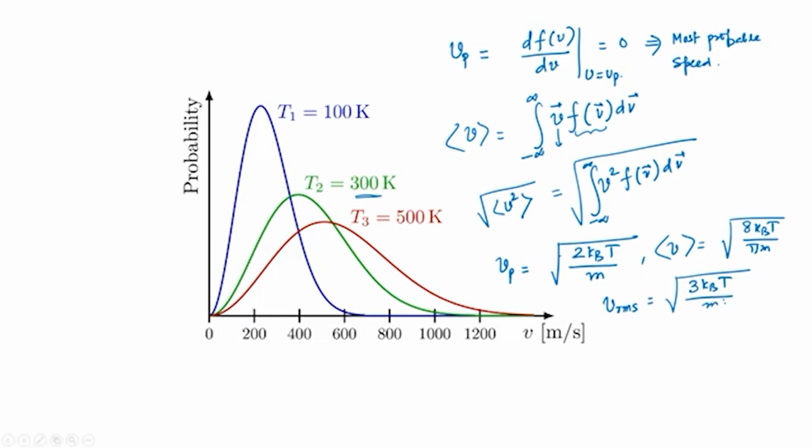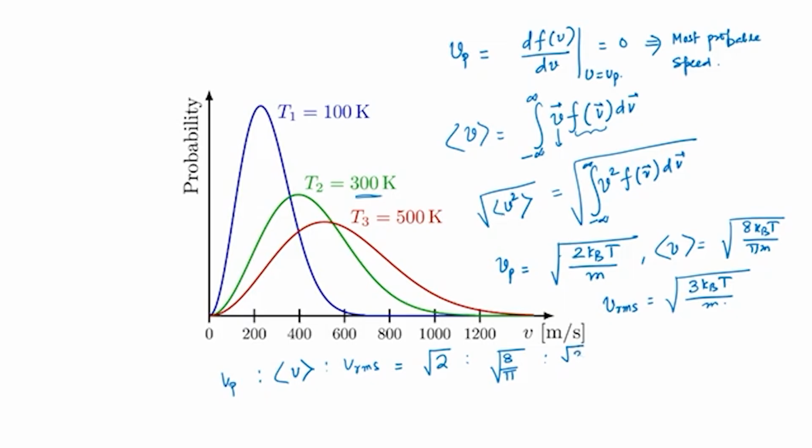So, if you take the ratio of all of that, Vp is to average velocity is to Vrms, this comes out as root over 2 is to root over 8 over pi is to root over 3. You see kT over m under square root is always common.